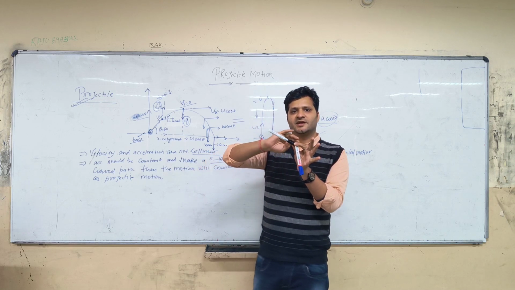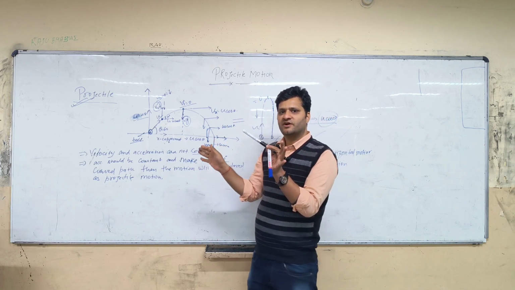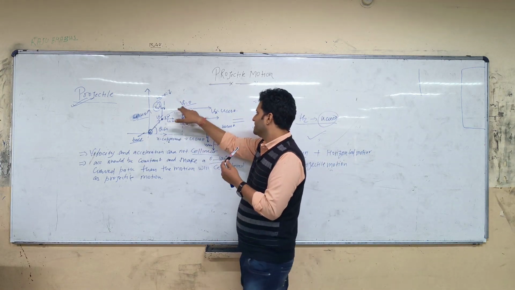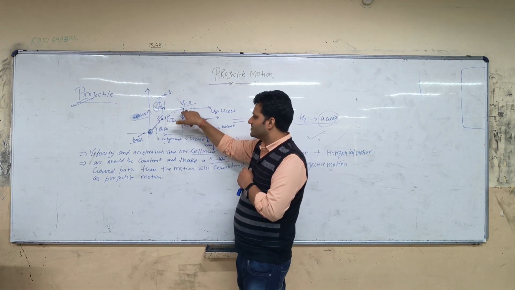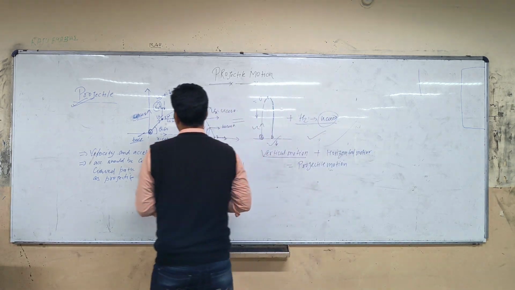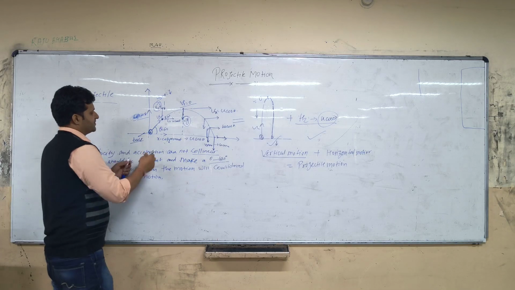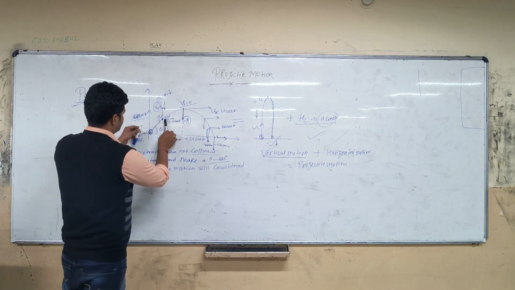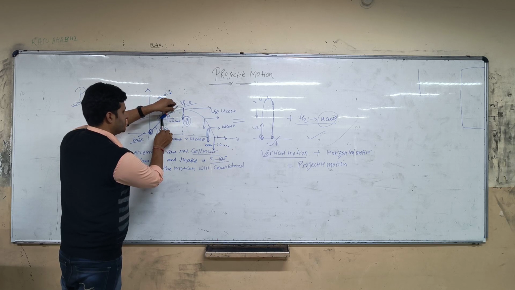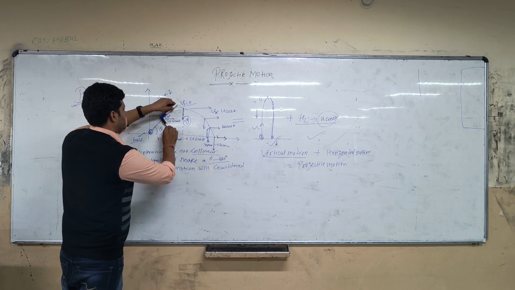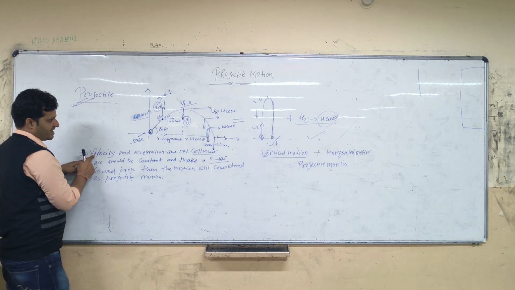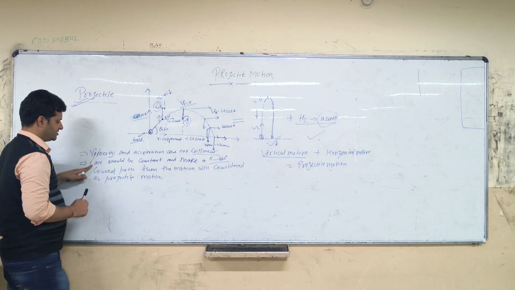Automatically its speed decreases, and after some time, when it gets to the maximum height, it changes. So you can say that this is your u, and this is your u. So what type of path will it follow? Like this only. So these things can be filled in this diagram also.